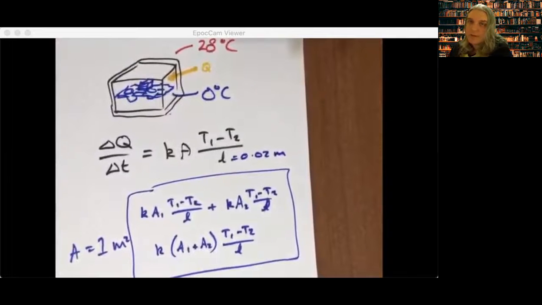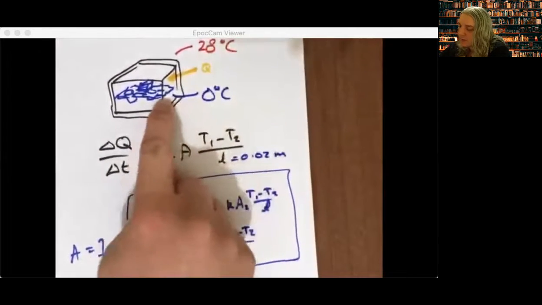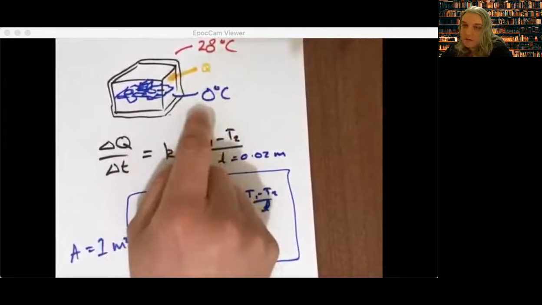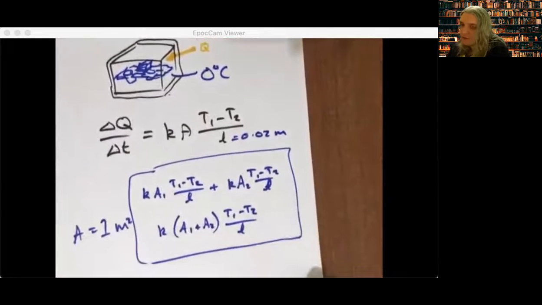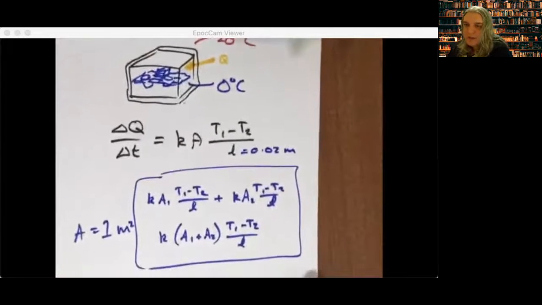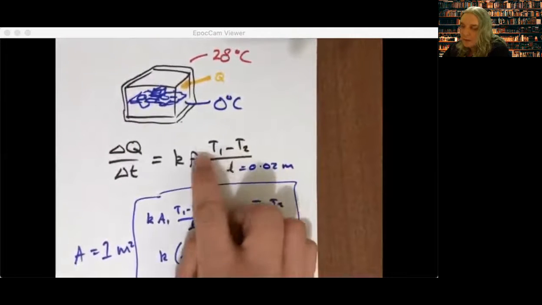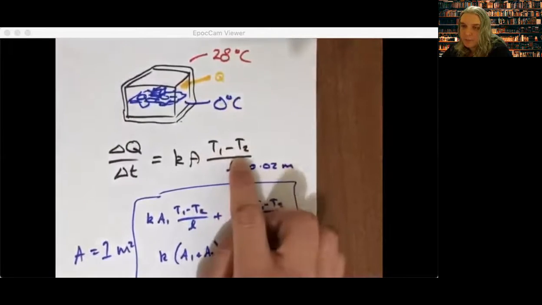So we're never going to have a change in temperature. So we don't have to worry about the temperature changing on either side of this. It's going to stay at 28 on the outside and stay at 0 on the inside. Only once all of the ice is melted would it start to then increase. And once it does that, we're not worried about it because that's beyond the consideration of our scenario. So that means we don't have to worry about T1 or T2 changing, and that means that T1 minus T2 will just be 28 degrees C for the whole problem.